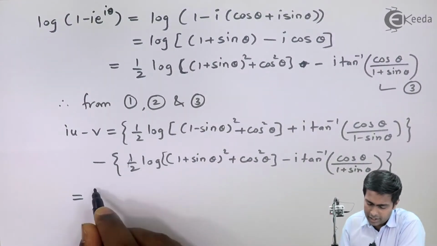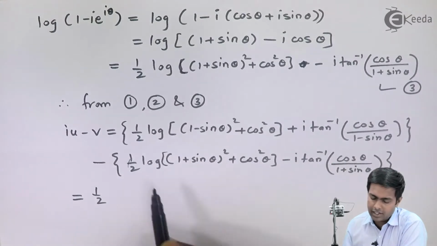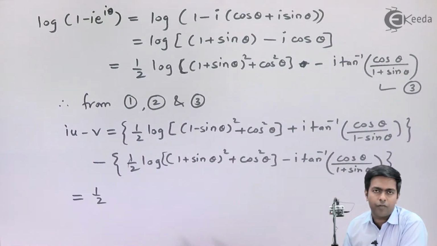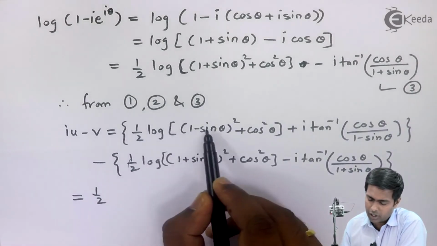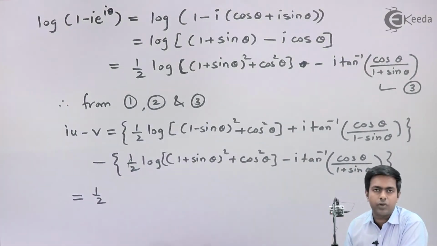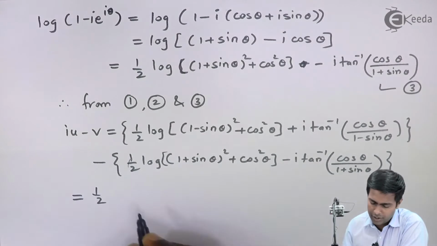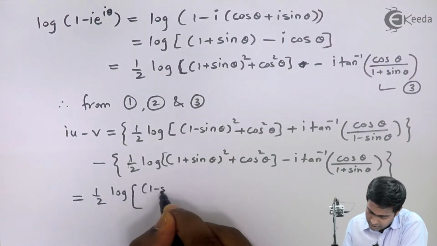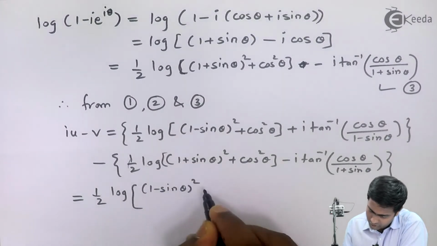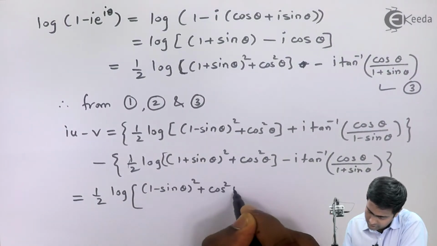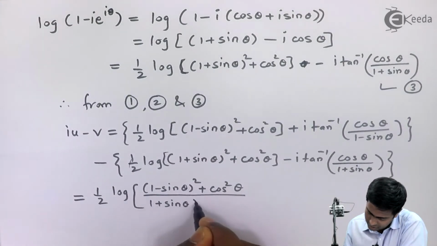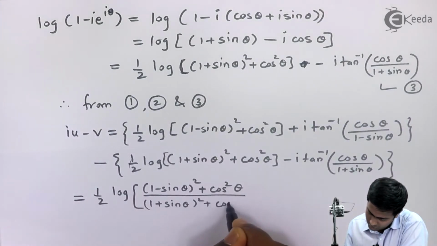Here I can take half outside, and since both terms are logarithms, I can apply the formula log A minus log B, which will become log of A by B. So this term will become log of ((1 minus sin theta) the whole square plus cos square theta) upon ((1 plus sin theta) the whole square plus cos square theta).